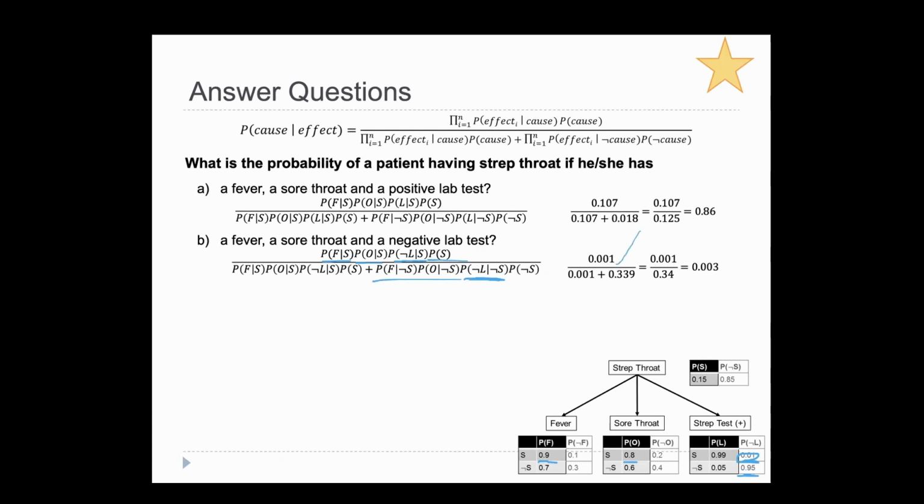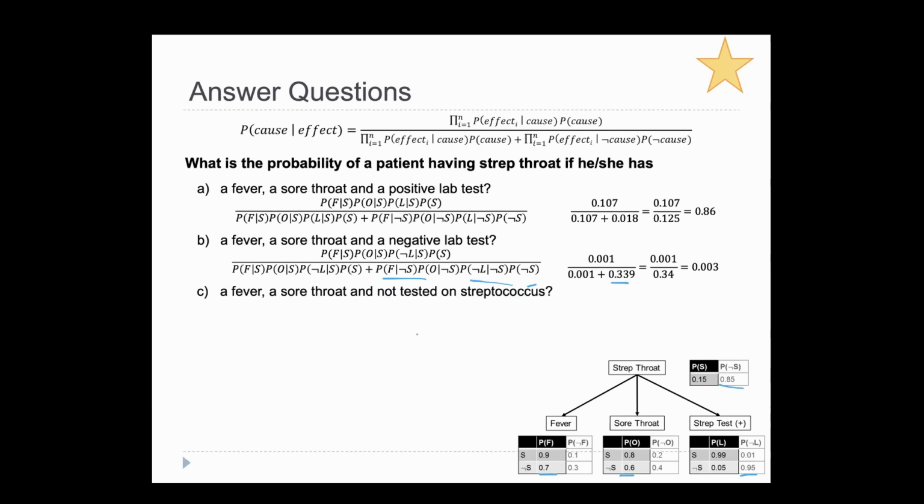And if we multiply F given not S, O given not S, not L given not S, and the prior of not S, we get 0.339.